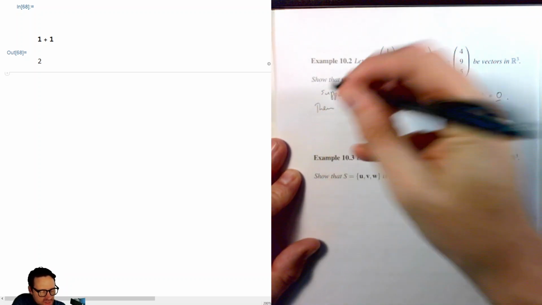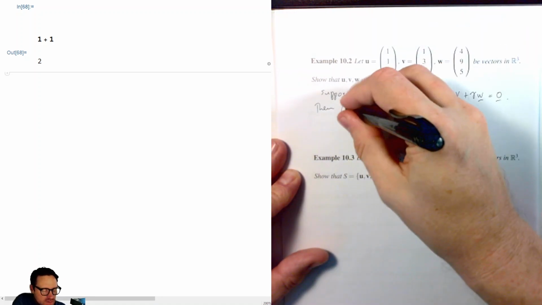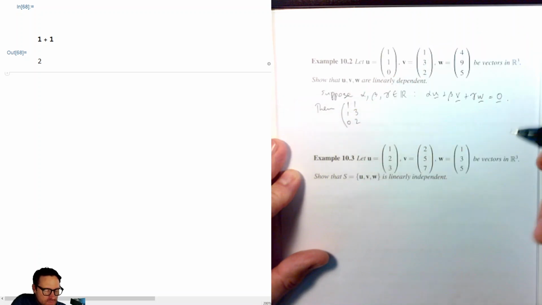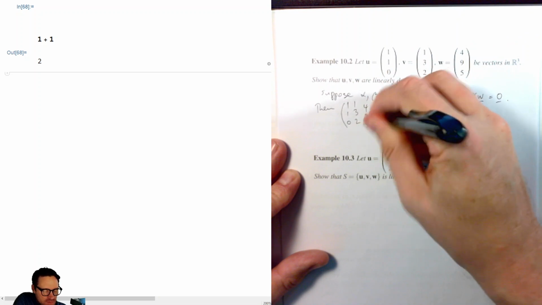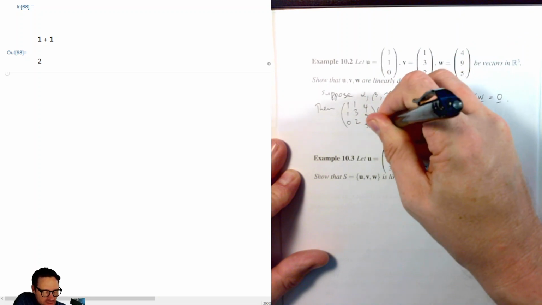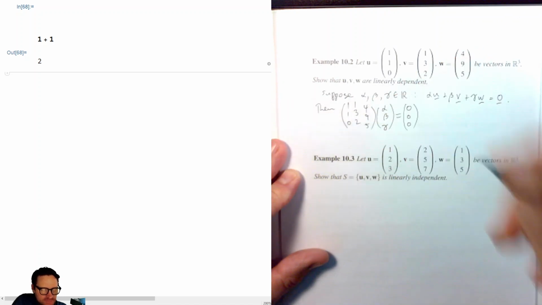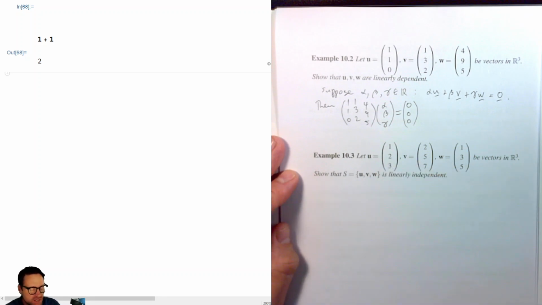Okay, then what we can do is set up a matrix equation for this. It looks like this. The matrix times alpha, beta, gamma is the 0 vector. Okay, so what happens when we try to solve this?